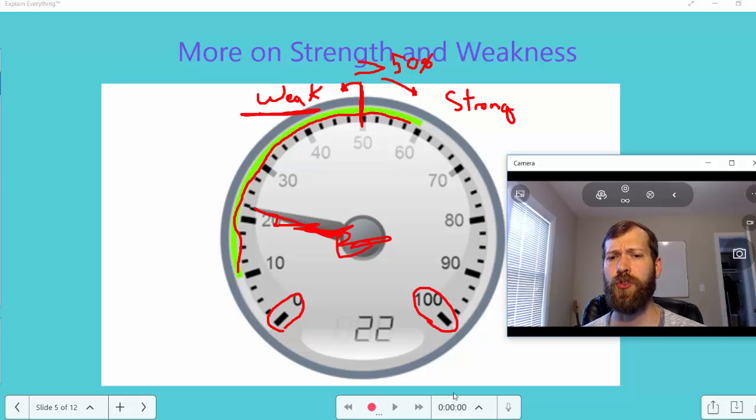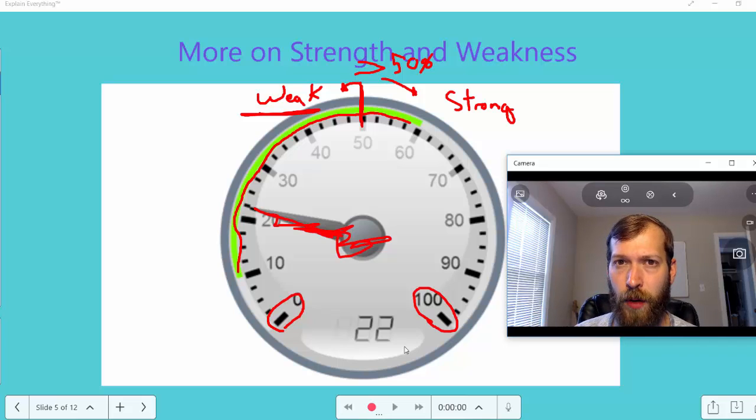Well, why isn't it strong when it meets the 50%? Why does it have to be above 50%? Well, think about it this way: if a conclusion ends up having a 50% probability of being true, suppose that was a good enough level of probability to go ahead and accept that conclusion.